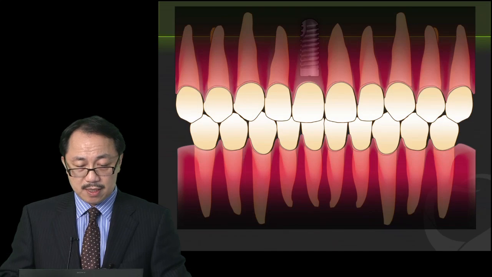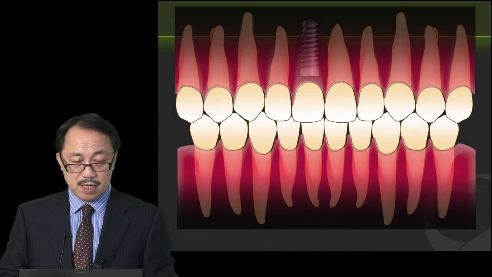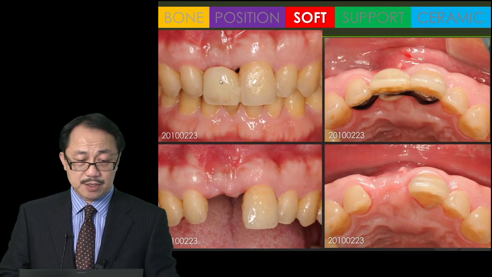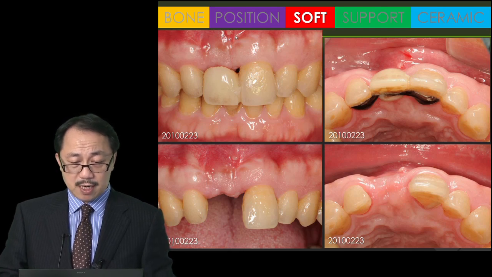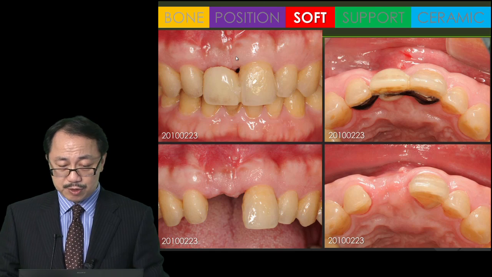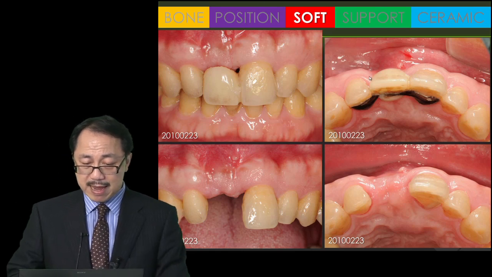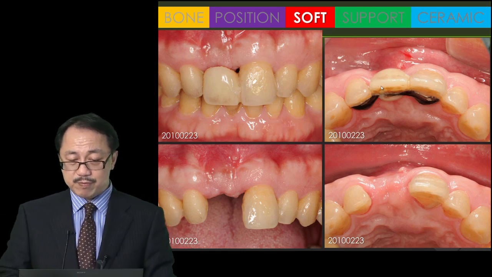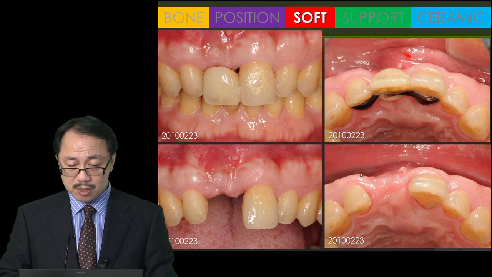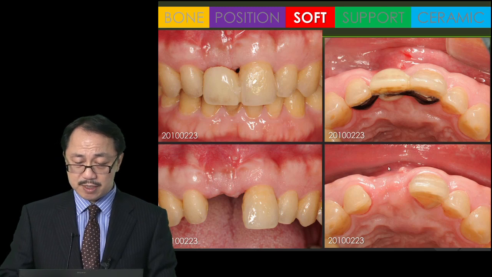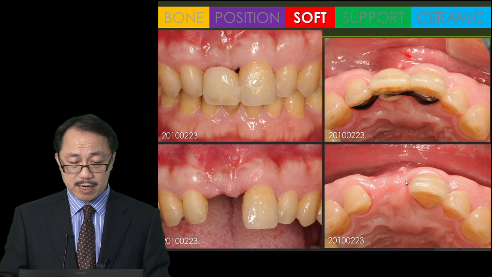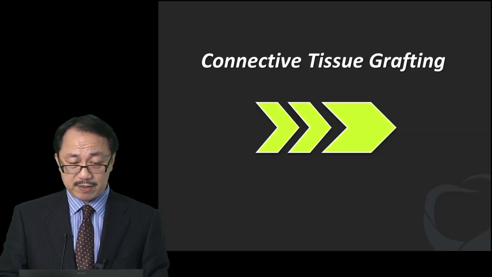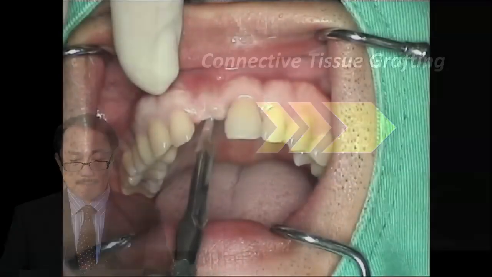Another case will be the implant placement of number 8 following bone augmentation, as well as implant placement 3 months before. During the exposure, as you can see, there's a concavity of probably around 3 to 4 millimeters that needs to be augmented. Now, the soft tissue support will come into play by the grafting from connective tissue.